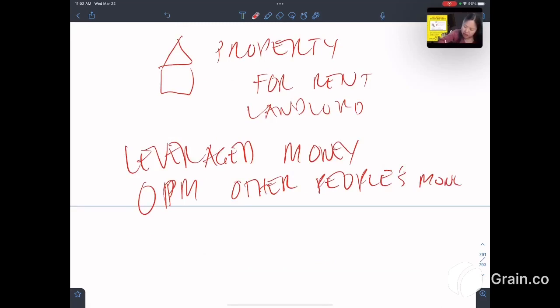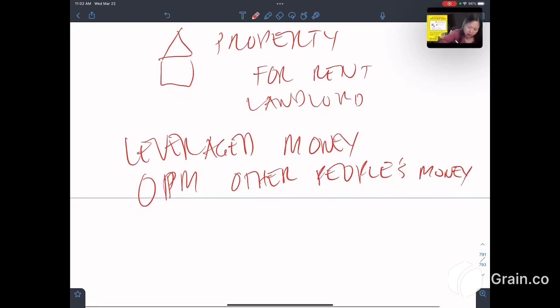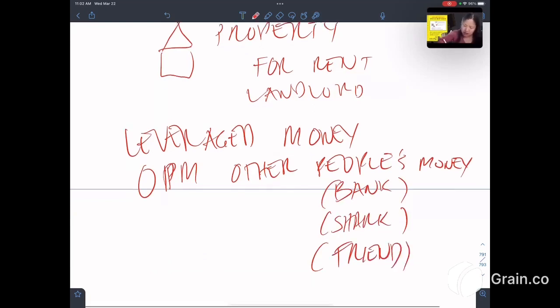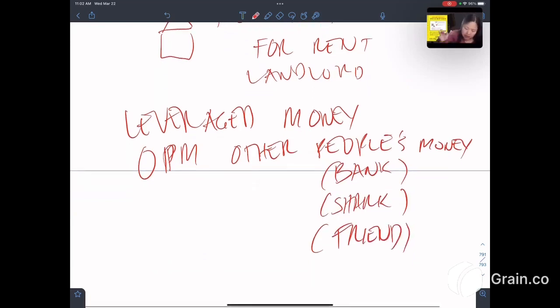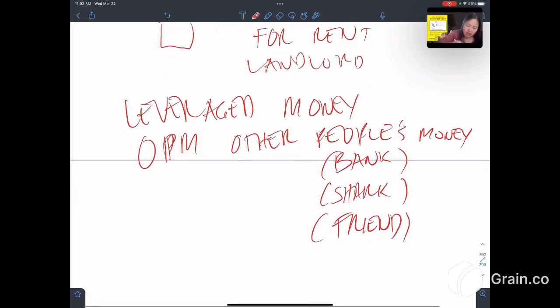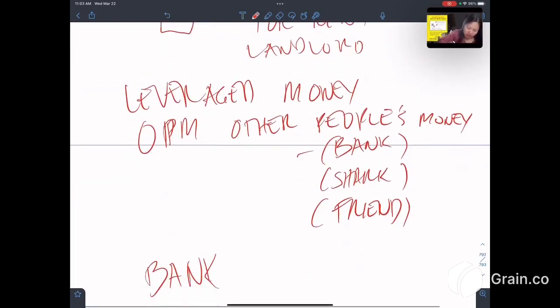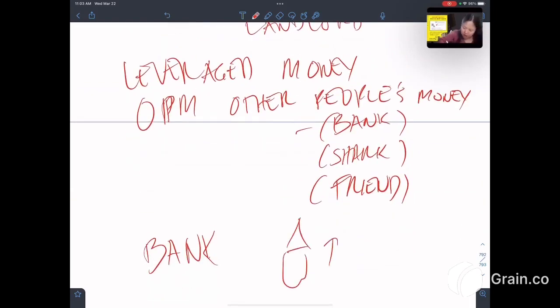So what that means, leverage money or other people's money, is that the other people could be the bank, could be the sharks, could be your friends, could be anybody, as long as it's not your money. For example, the bank. And you want to buy this property. This property is 100,000.